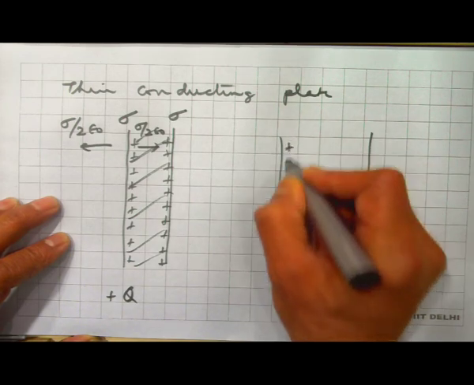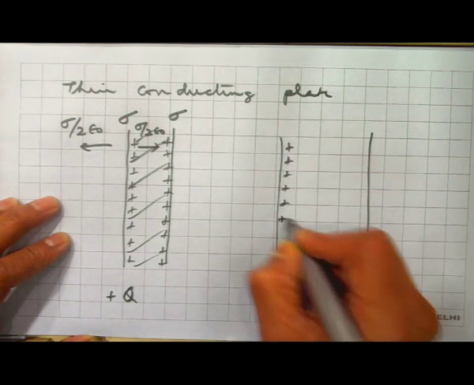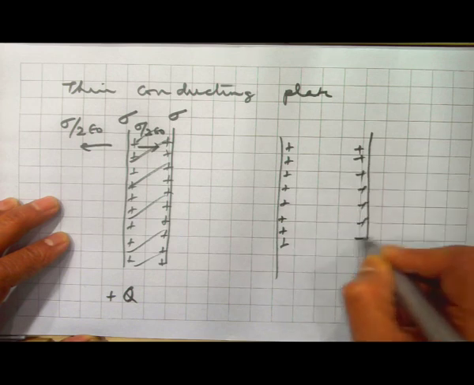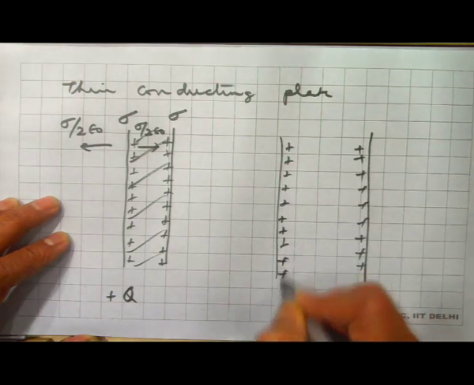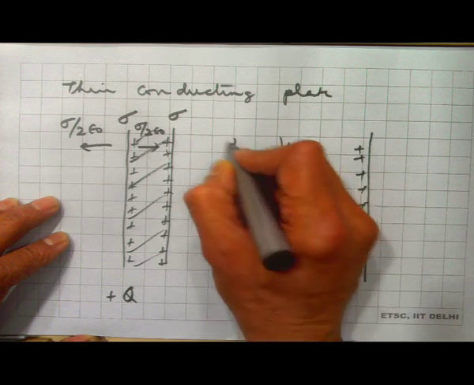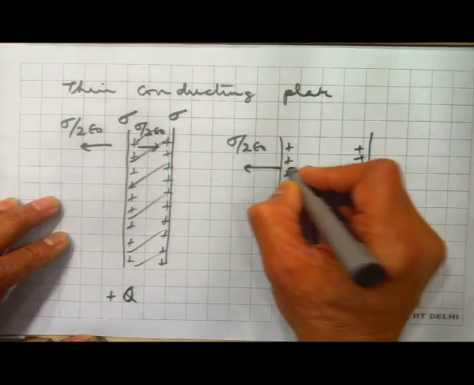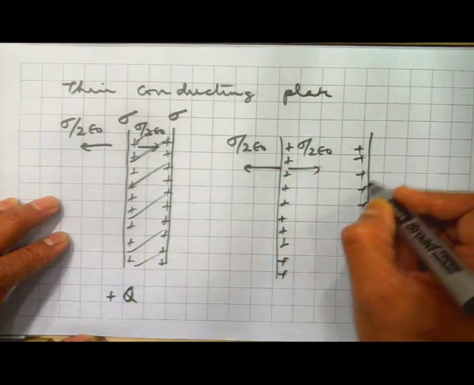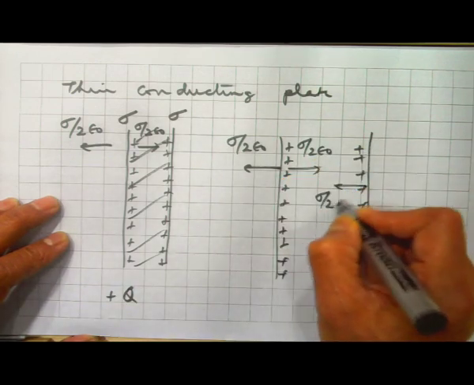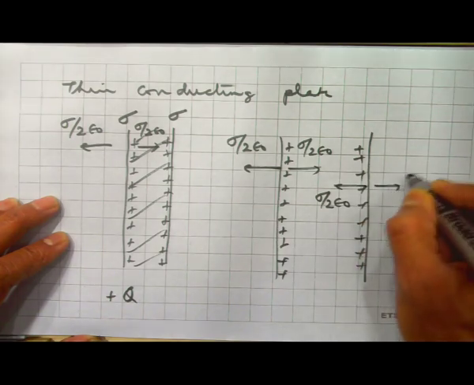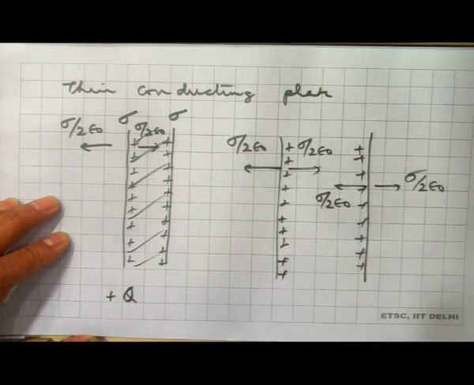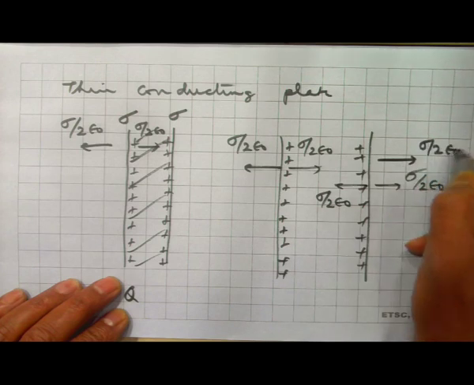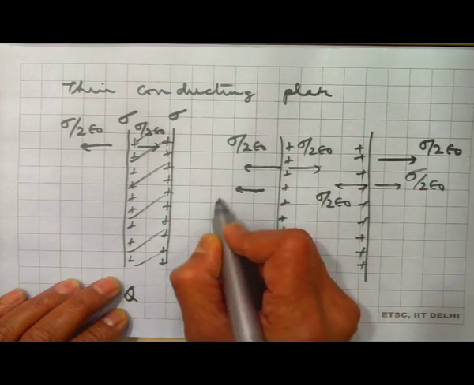There are plus charges sitting here and here. This produces sigma by 2 epsilon 0 in this direction and in this direction. The other charge also produces sigma by 2 epsilon 0 in both directions.